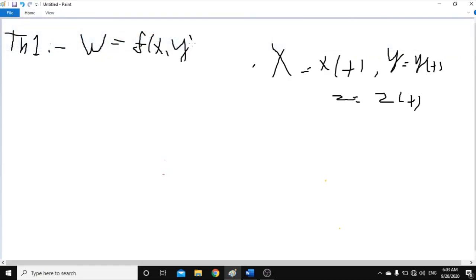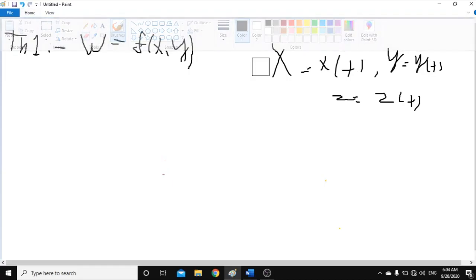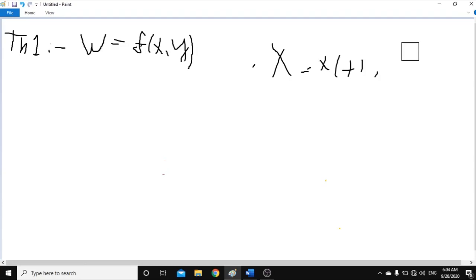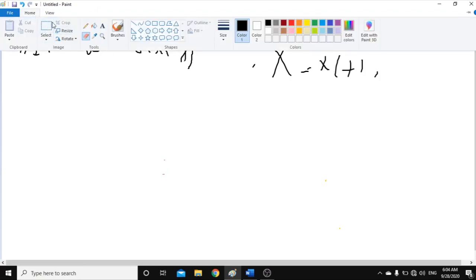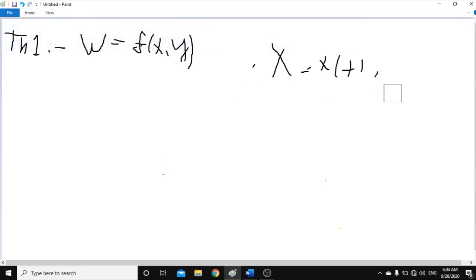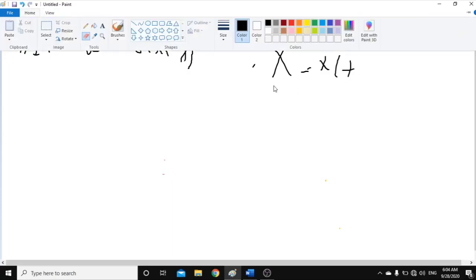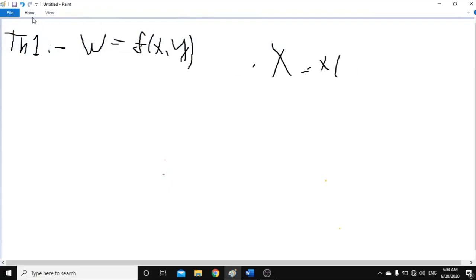And let's say that you have x equal to x of t, and you have not only one variable, you might have two. So this is the third theorem I'll talk about. Let's change the variable name, for example, not only t. Let's write, for example, r and s.